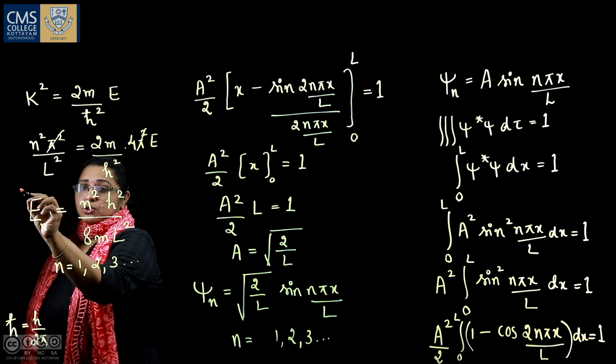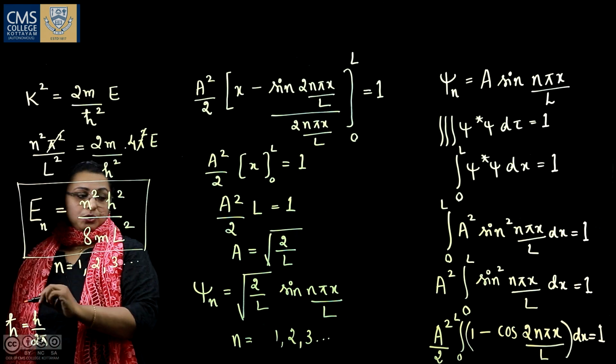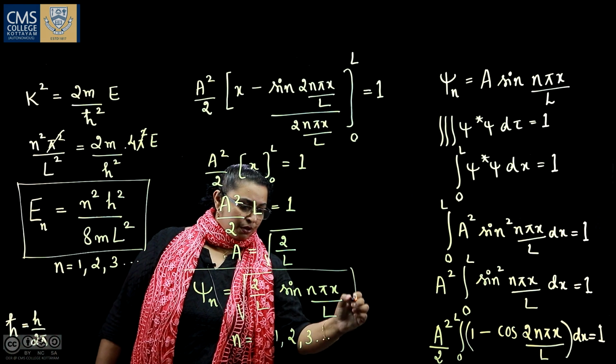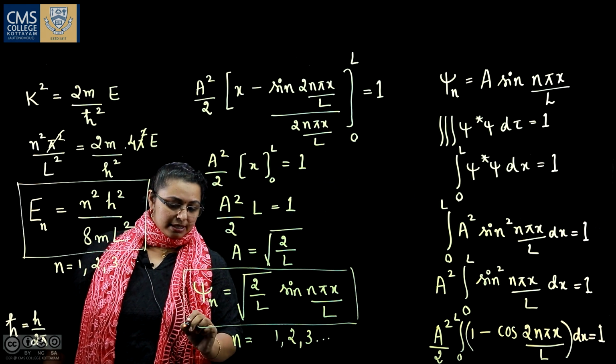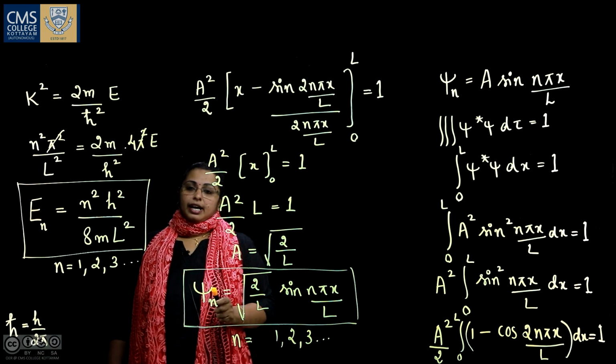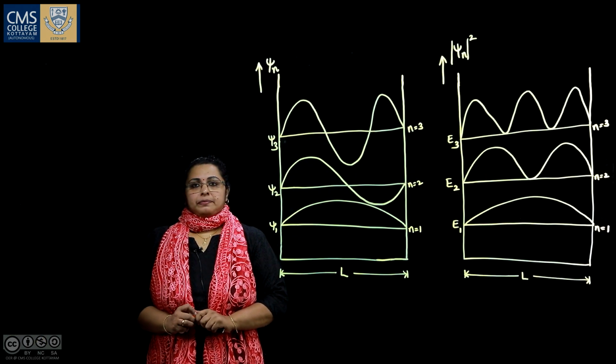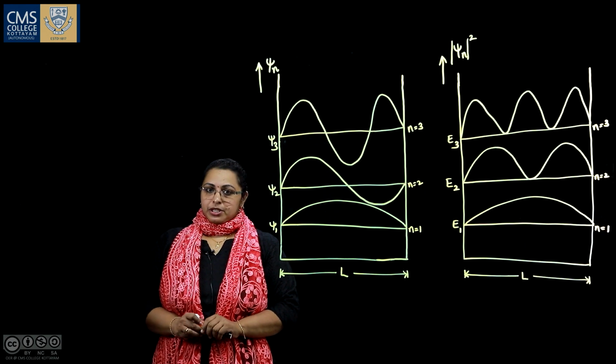So, these are the two values you get, solved for this system, that is the value of the wave function and the value of energy. So, we solved the system of particle in a one-dimensional box.